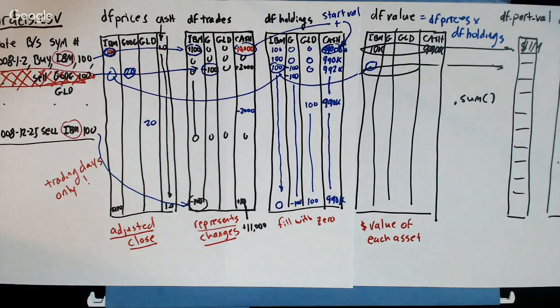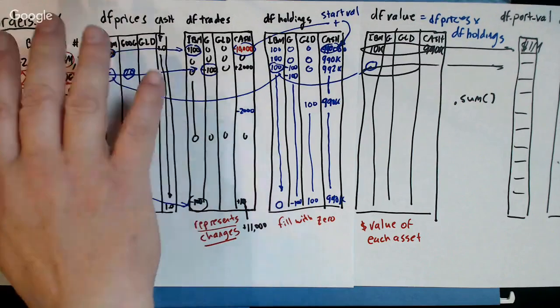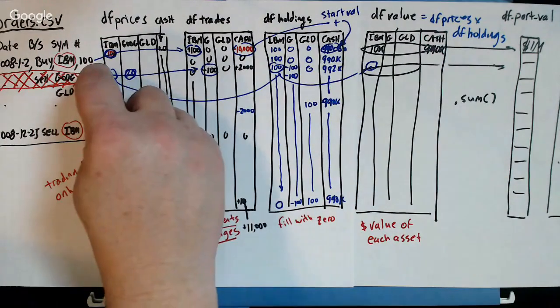So let me briefly outline another approach to the whole project. Another approach that I think is wrong, but you certainly wouldn't be penalized for doing it this way, is you iterate, you create all this one day at a time.